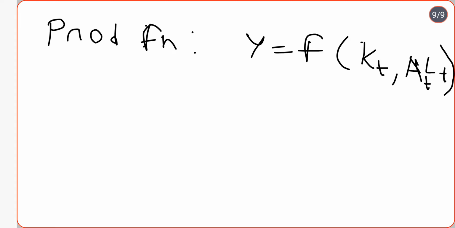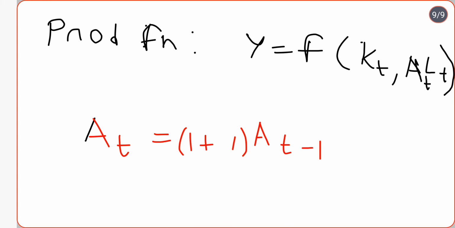So if I want to write down the current technology and previous technology in a relation, then I can write it as, suppose At, the current technology, is obviously equal to the previous technology, but we have to multiply it by the growth of the technology. The previous year's technology and the current year's technology will not be the same, it will grow.